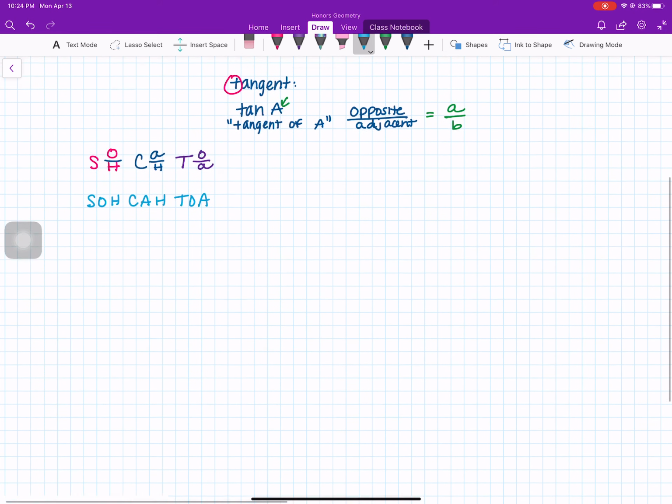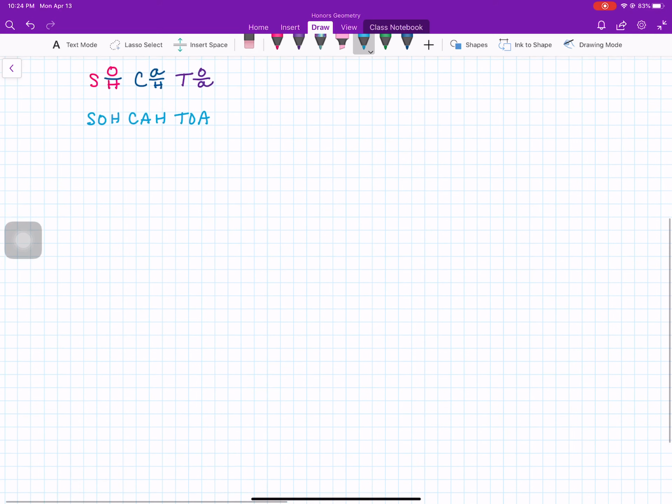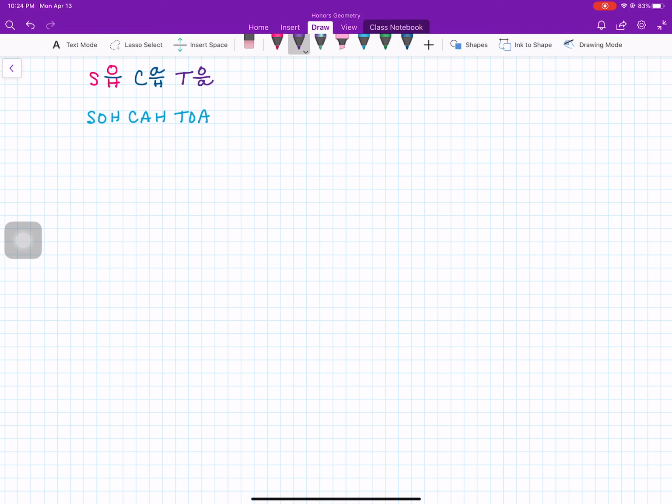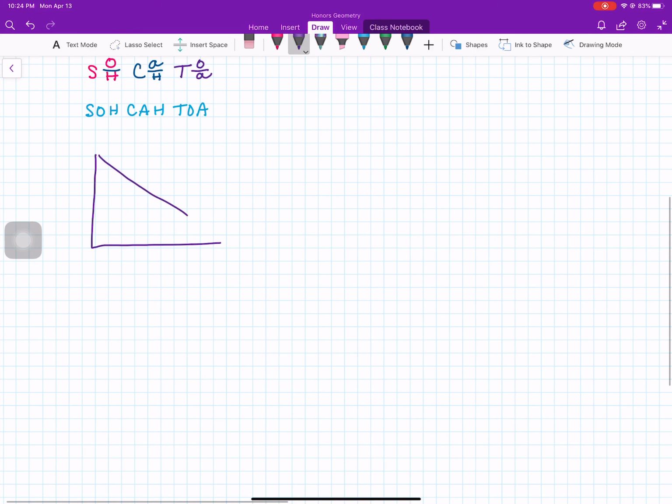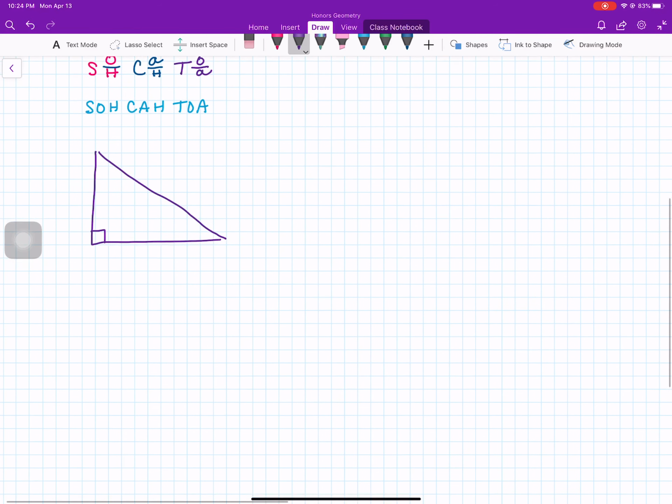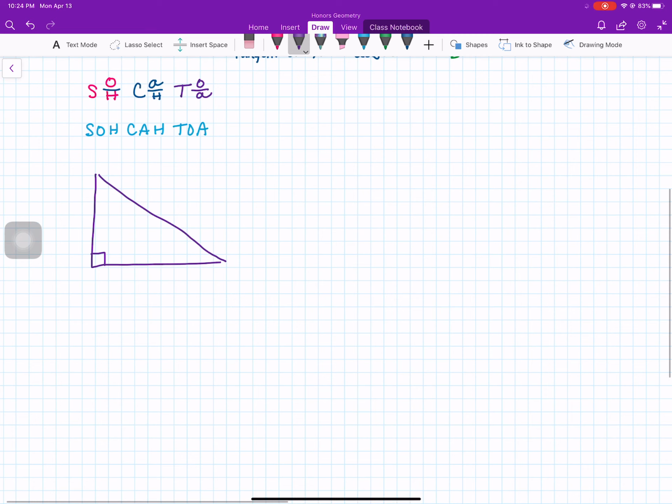Let's look at a couple examples. Today we're just going to focus on making the ratios themselves. So let's draw a right triangle. Again, I'm freehanding this right triangle, so it's not going to be drawn very well to scale.